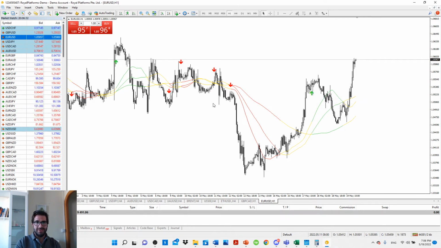So the good thing about Trend Symphony is it doesn't just show you a direction, it shows you direction plus whether to sell or buy. You will get an arrow, you will get a push notification, email, sound. These notifications will let you know when to sell or buy.